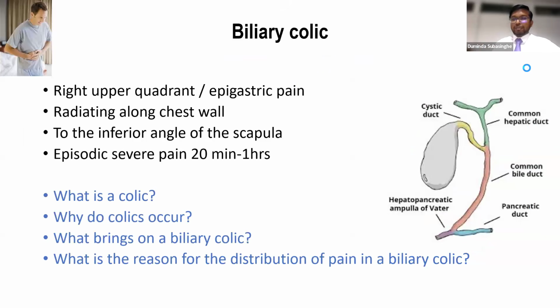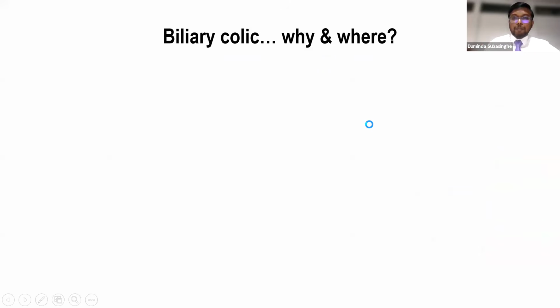So you need to find out, this is a bit of homework: why does biliary colic happen? Why does it radiate to the back? What is the reason for the distribution of pain in biliary colic? You need to know this like a referred pain, the anatomical basis of these things. So biliary colic is one of the common things.